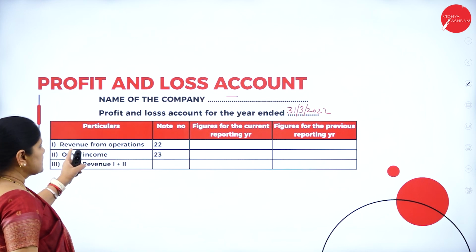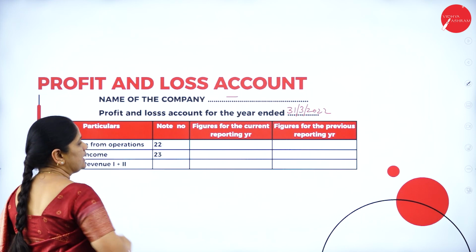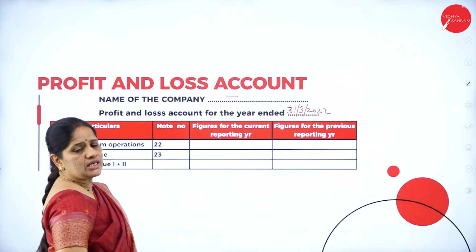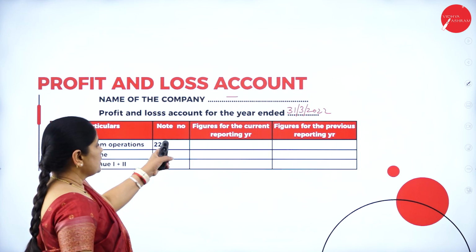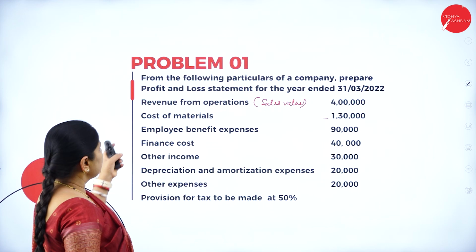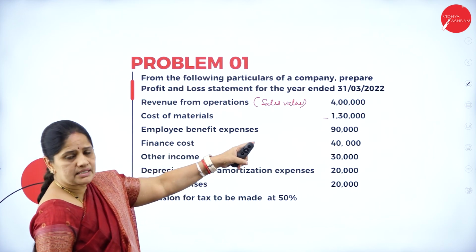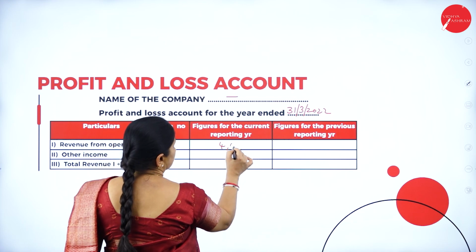Now, first thing is revenue from operations. Now, this becomes very, very important. Note number. So, this will be the notes attached to the profit and loss account. So, note number 22. So, I have revenue from operations is nothing but the sales value. So, I write the amount as 4 lakhs.